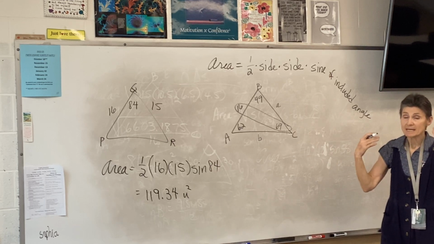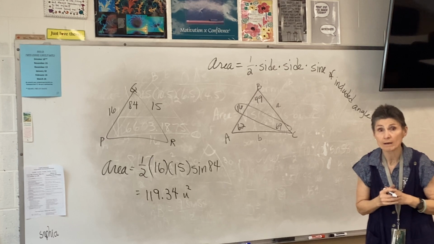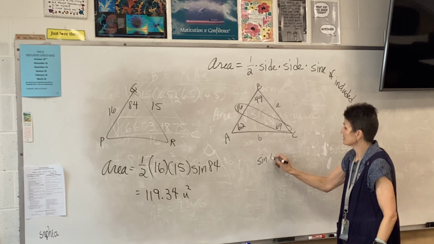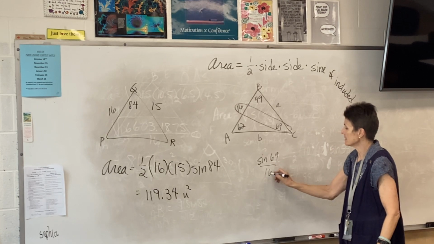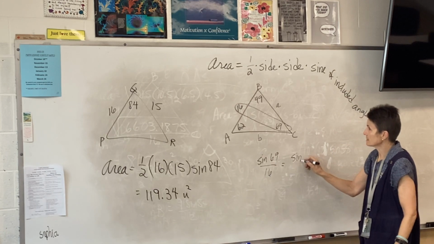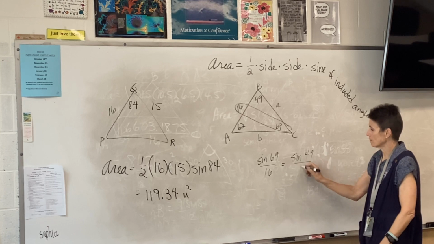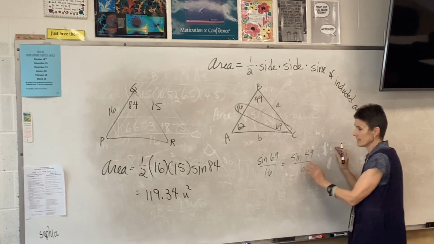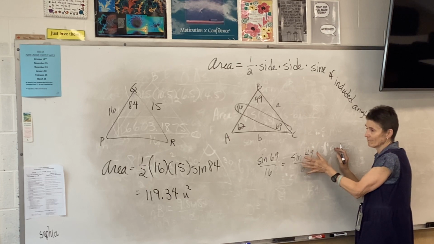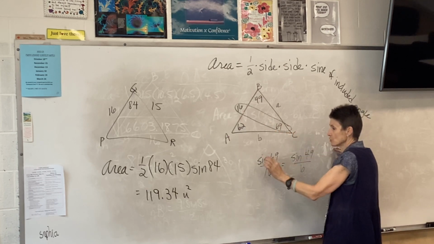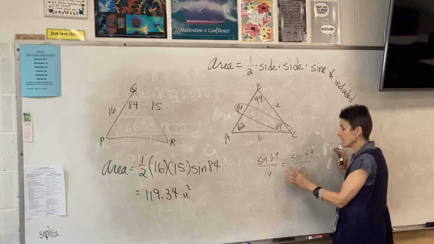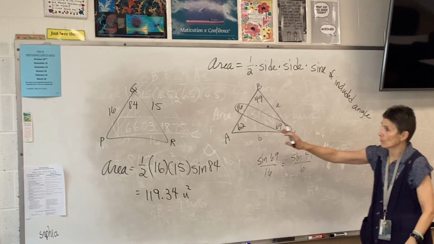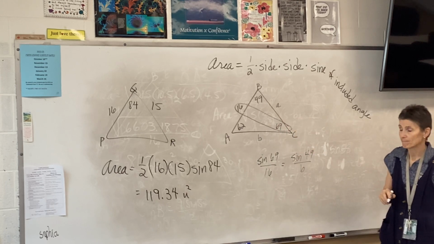Which makes me immediately think of the law of sines. So sine 69 over 16 equals sine 49 over B. Now, I could have done sine 62 over A. It doesn't matter, I have to do one of them. So I do my pair for sure, 69 over 16. But then I get to pick, I just randomly picked B. I could also have done A, doesn't matter.